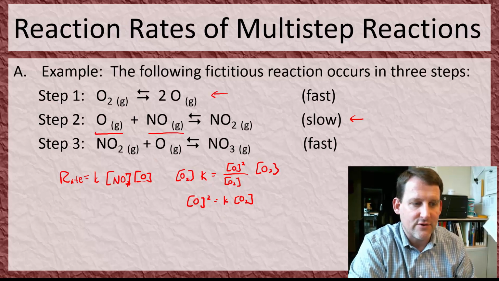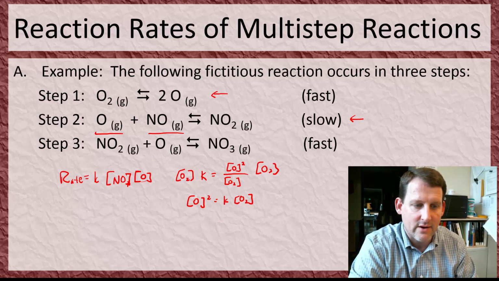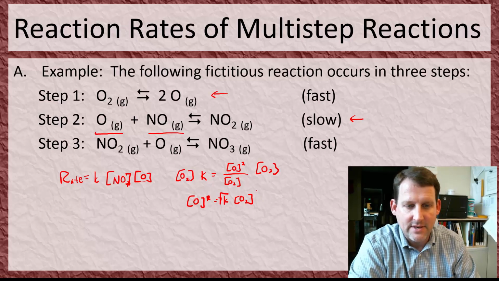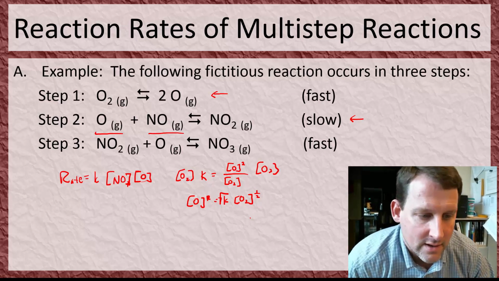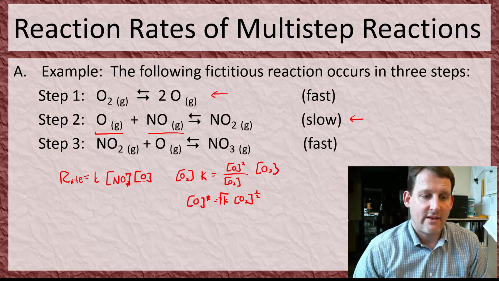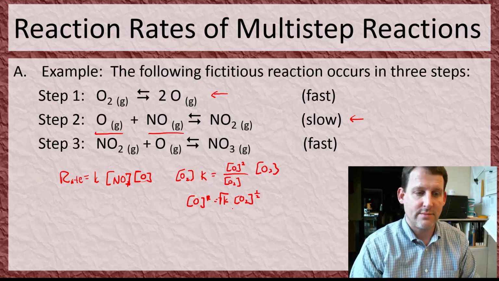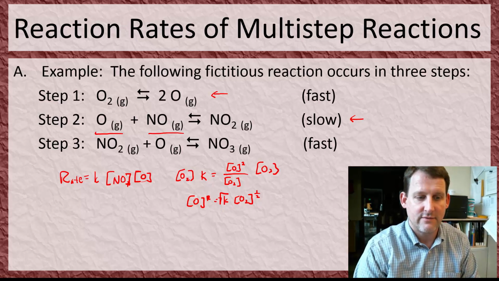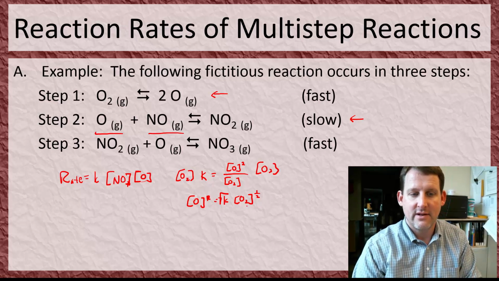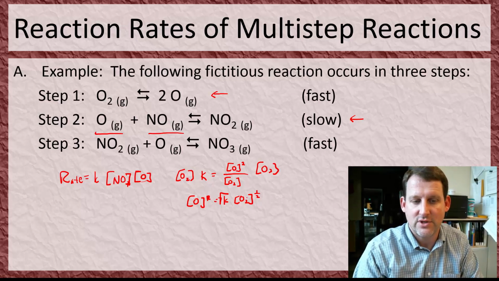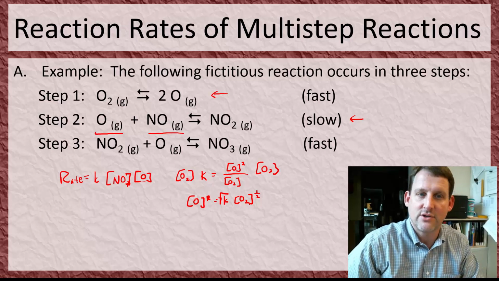And because I'm looking for just the concentration of O, not squared, I'm going to take the square root of both sides. So I'm going to take this to the half power, which is the same as square root. Now I have an equation that tells me the concentration of oxygen atoms, this O, in terms of the concentration of oxygen, which is an actual reactant that I can measure the concentration of.